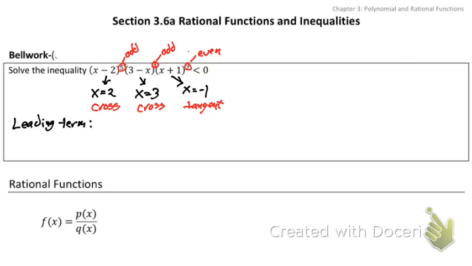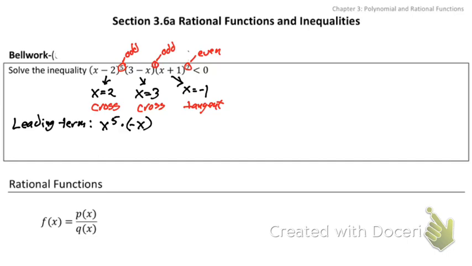To get to my leading term, I'm just going to take all of the x's and multiply them to each other. But first, we look at this first x. That first x is x minus 2 to the 5th, so I need x to the 5th here. I'd multiply that by my next x, which is -x to the 1st, which is just -x.